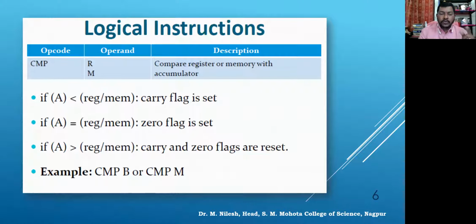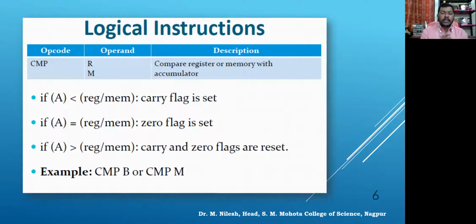If the contents of the accumulator and the number are equal, then the zero flag is set, as the result of subtraction will be 0. If the contents of the accumulator are greater than the contents of the register or memory location data, then the carry and zero flags are reset. Remember this: carry and zero flags are reset.